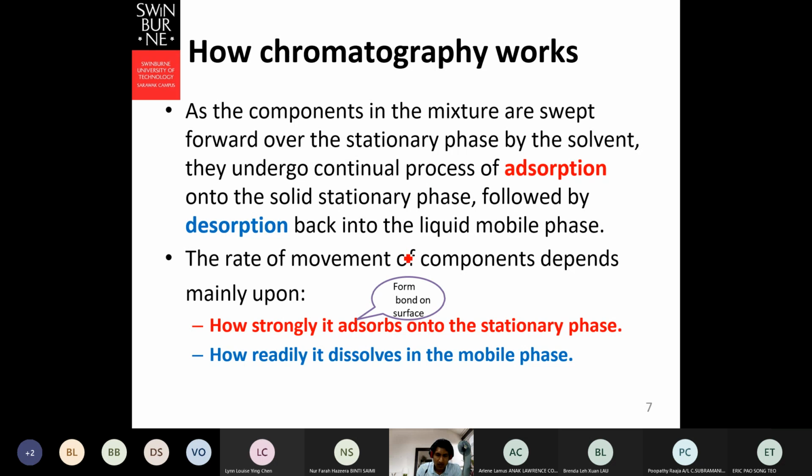The rate of movement of the components depends on how strongly they are adsorbed to the stationary phase of the chalk. As I said, the chalk is just an example, and it can be a different stationary phase, and also a different mobile phase, right?